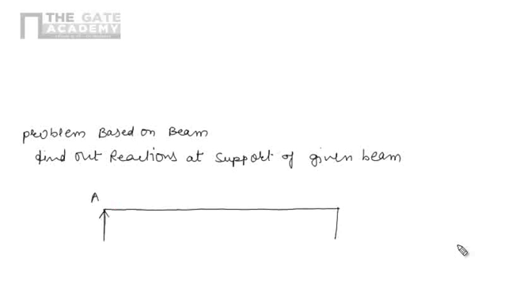AB is a simply supported beam where at A and B we have two simple supports, and it is subjected to a uniformly distributed load over a length of 2 meter, and the intensity of this load is 500 Newton per meter, and we have 2 point loads.